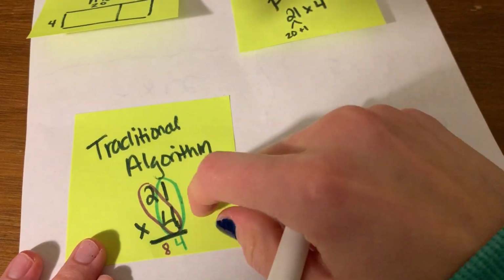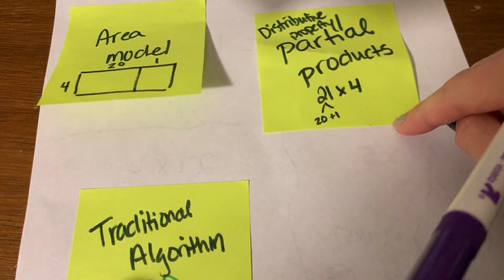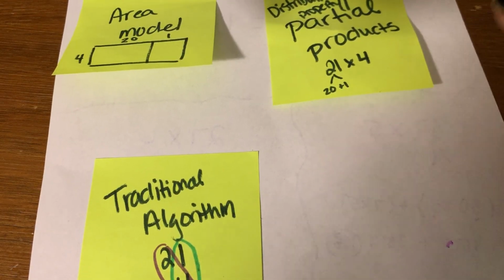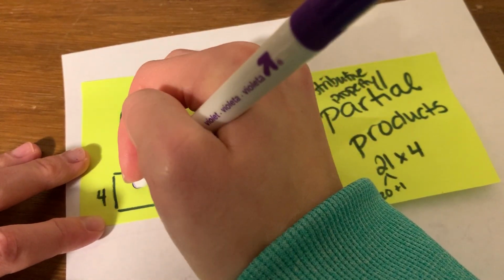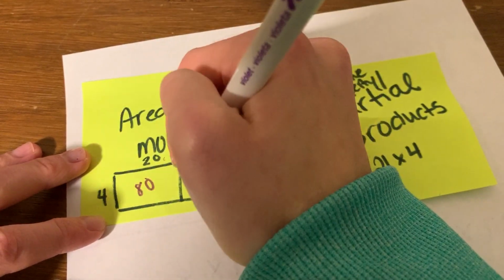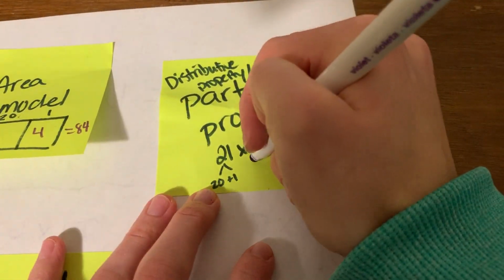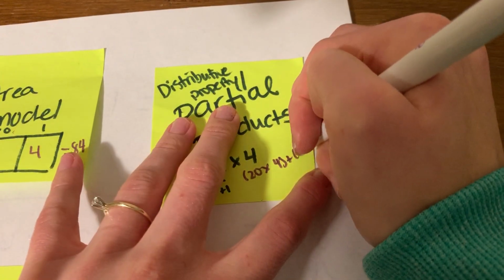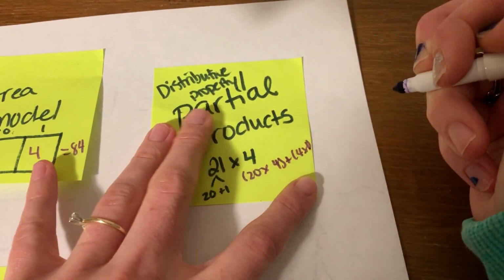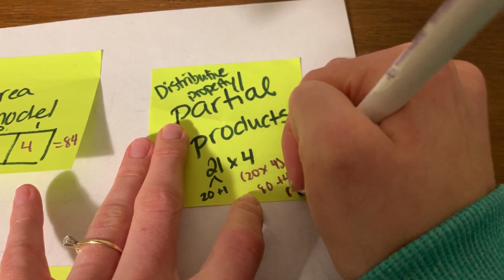Okay? This would be the same thing as if we did area model or partial products. So in this case, with area model, 4 times 20 gives me 80. 4 times 1 gives me 4, equals 84. 20 times 4 plus 4 times 1 with partial products or the distributive property: 80 plus 4 gives me 84.